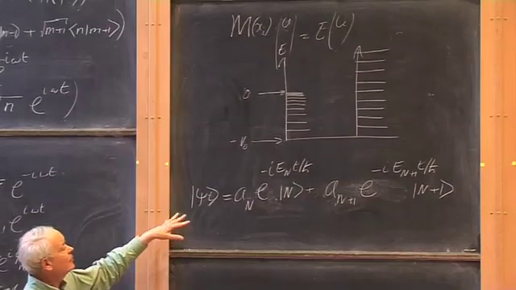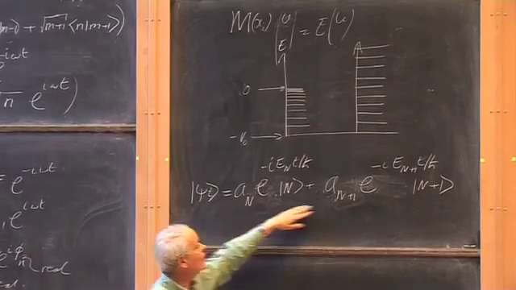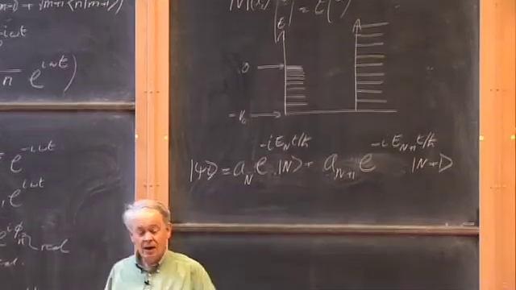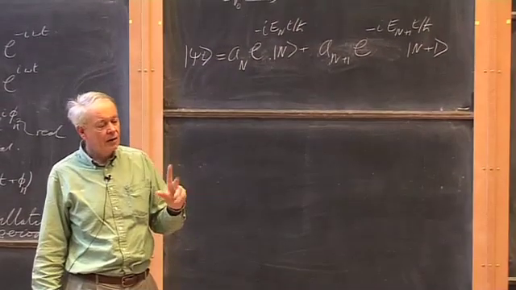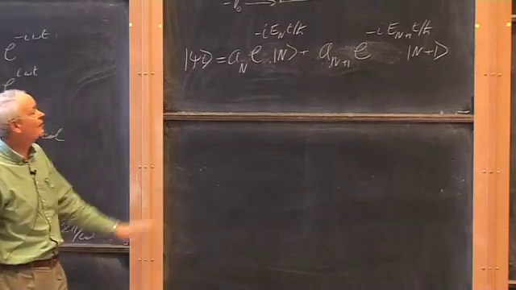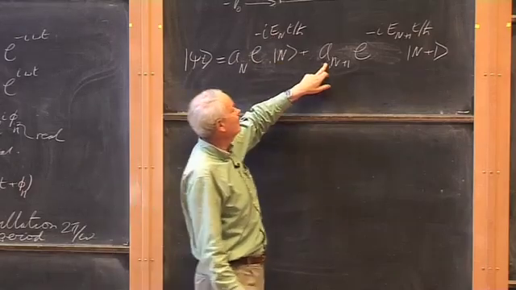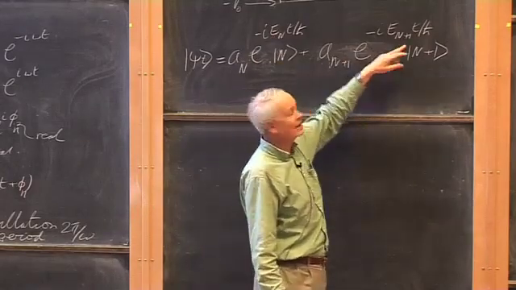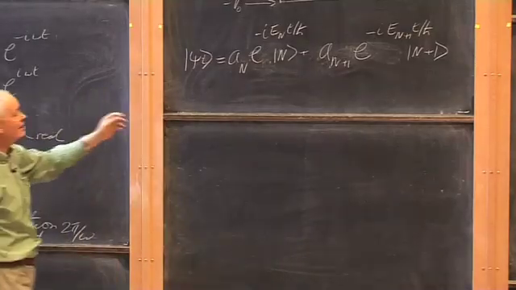That's not a completely general initial condition, because I'm assuming there are only two non-vanishing amplitudes. So there are only two possible values of the energy that I can measure: an amplitude a_n to measure the energy E_n, and an amplitude a_{n+1} to measure the next highest energy. This is a special case.